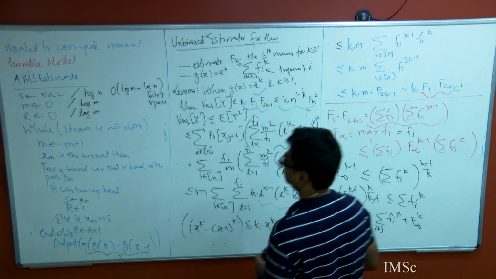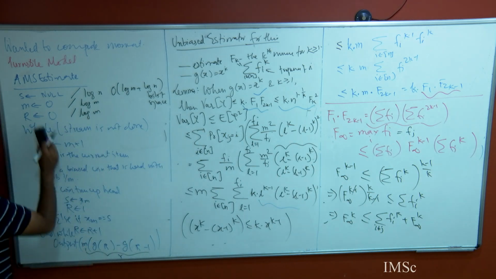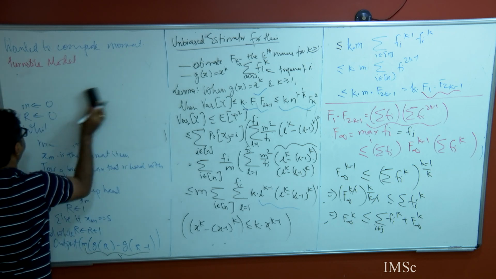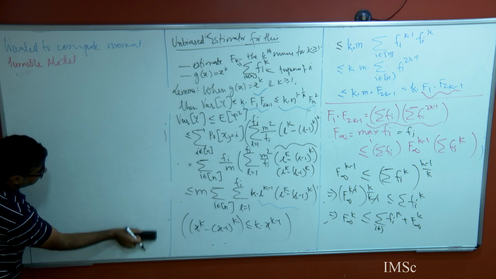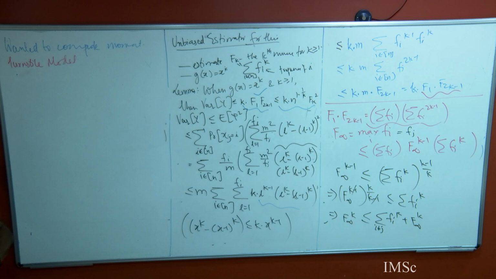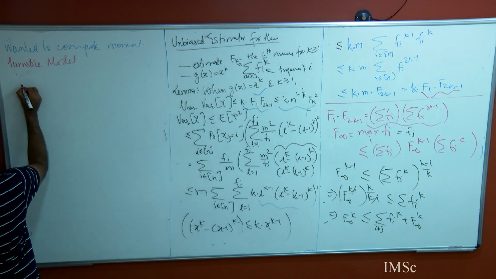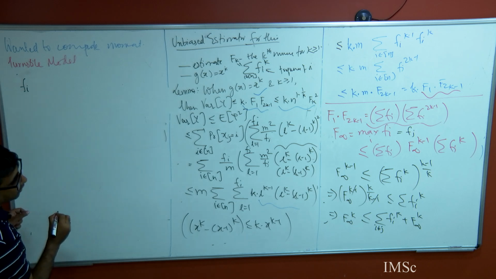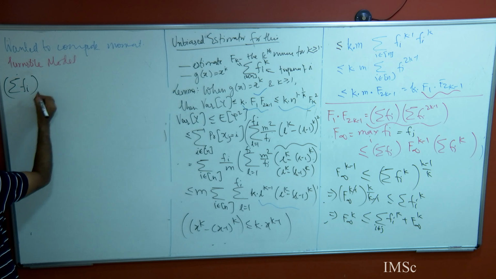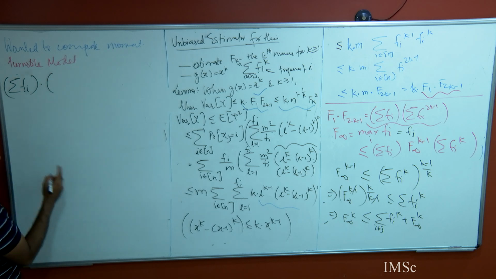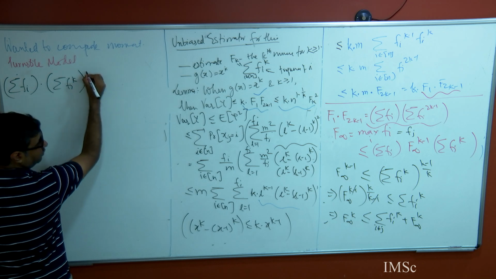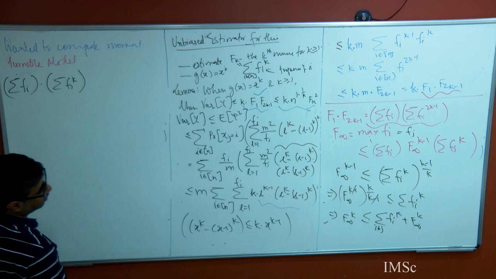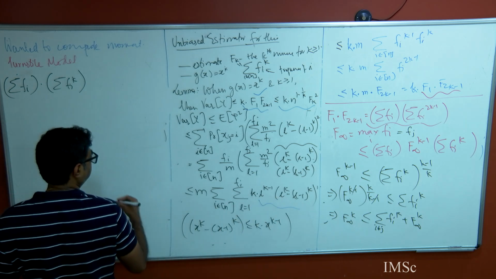So now, okay, I'm going to rub this because we are done with estimates and everything. Okay. So that quantity is, so what is this? Summation f_i times, what did I write there? Summation f_i^k to the power k minus 1 by k, right?